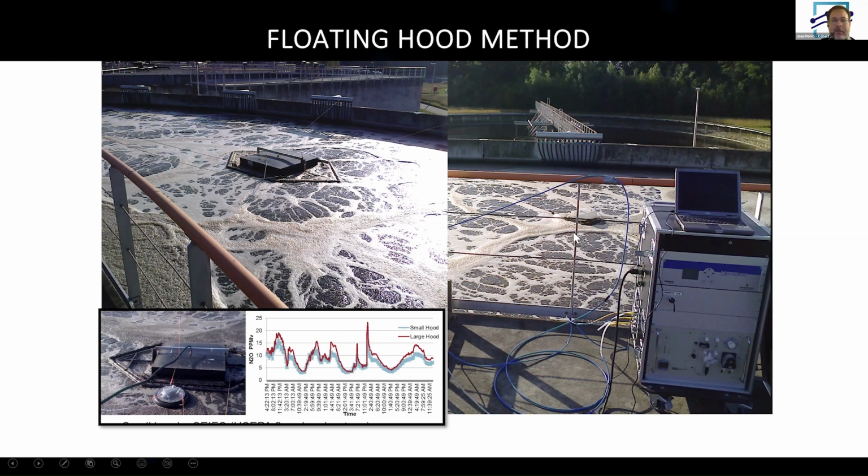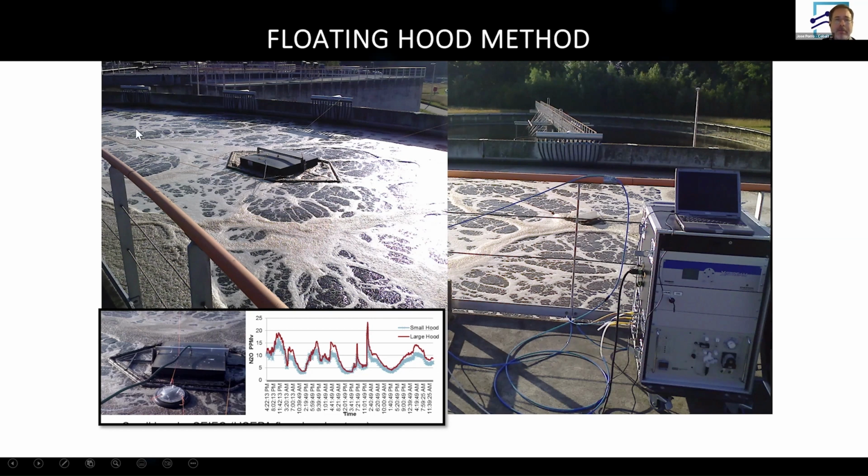In the end, what we've been seeing is that there really isn't any significant difference between hood types. What is different is the area that they cover. With a larger hood, you can cover a greater area, but it's harder to move around. And we want to be able to move the hoods around because we want to verify what differences there might be longitudinally through a reactor.